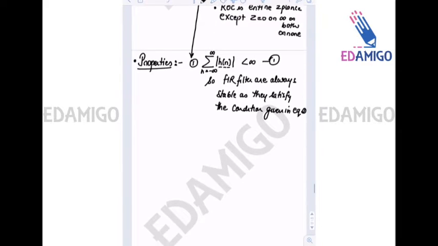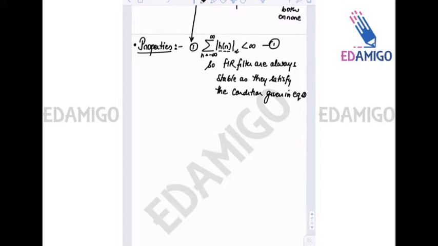Okay, because h[n] is non-zero only for a few values of n and is always a finite value, the sum will also be a finite value.